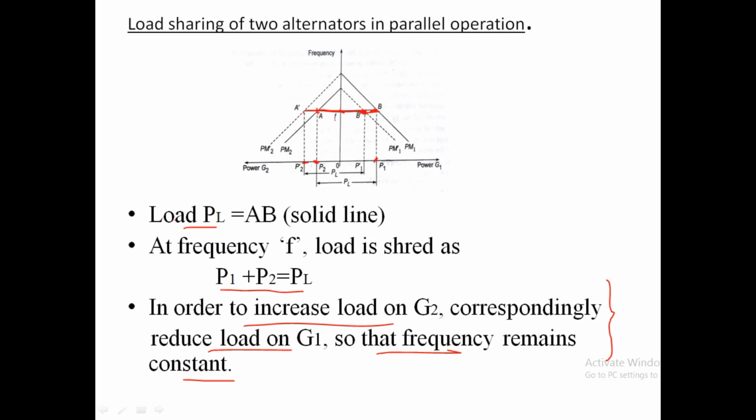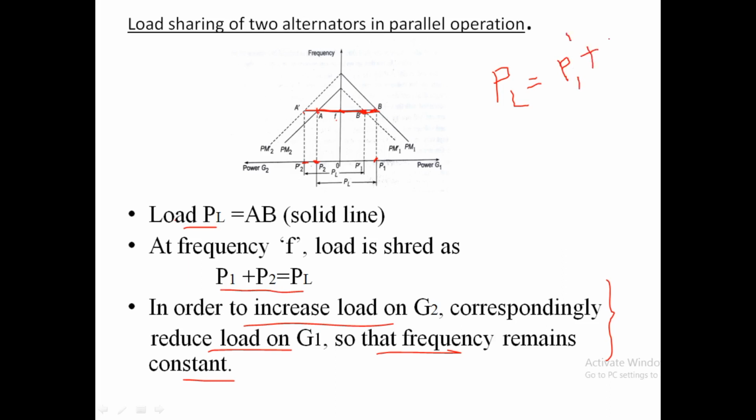We have to keep the frequency at f and PL is again the same. The same quantity PL should be maintained. So P2 is increased to P2 dash means P1 should be decreased to P1 dash. Then only PL will become P1 dash plus P2 dash.